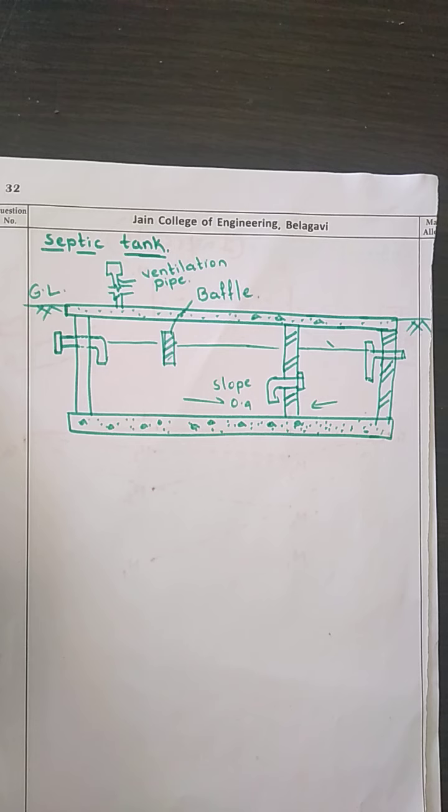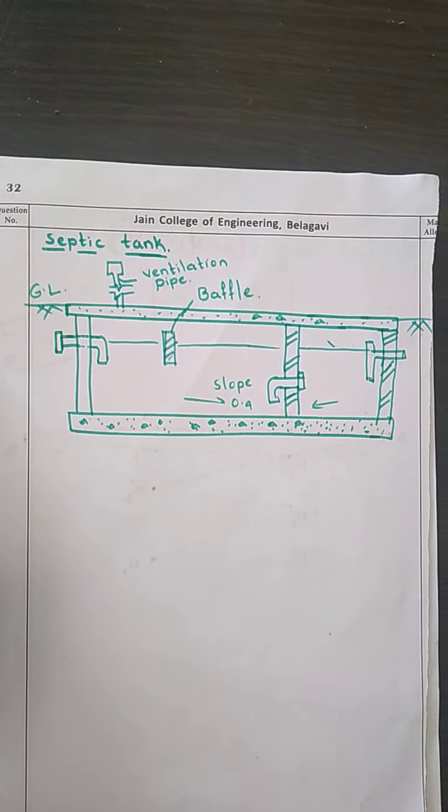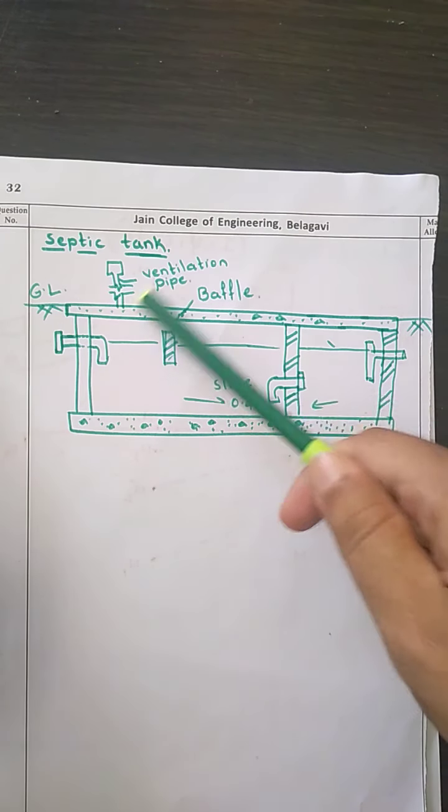You have probably seen that the septic tank is a completely closed system, where gases like hydrogen sulfide, methane and carbon dioxide are generated, and they are removed by having a ventilation pipe. I think you have seen such an arrangement.